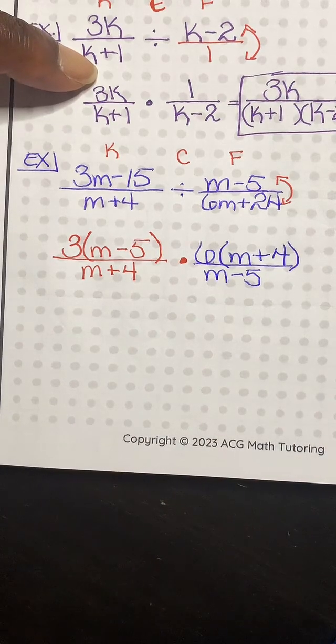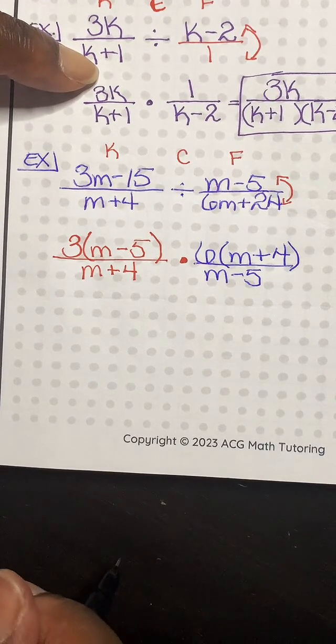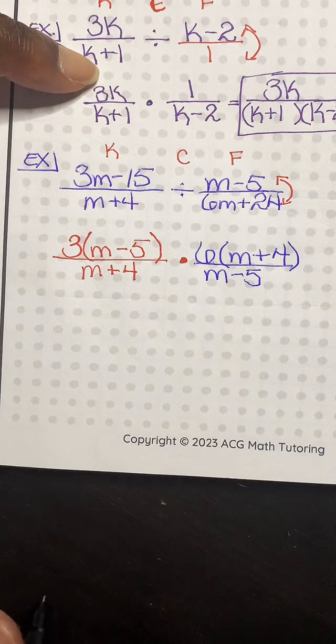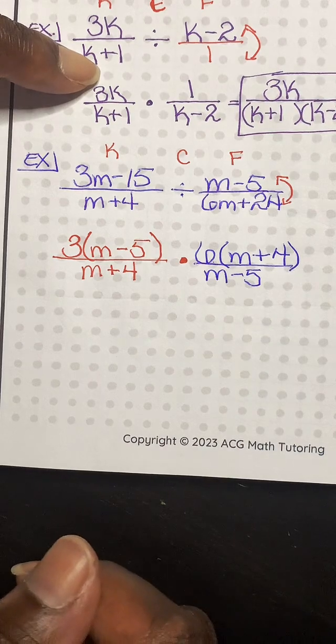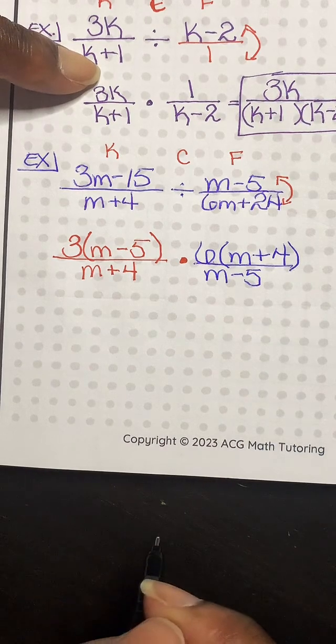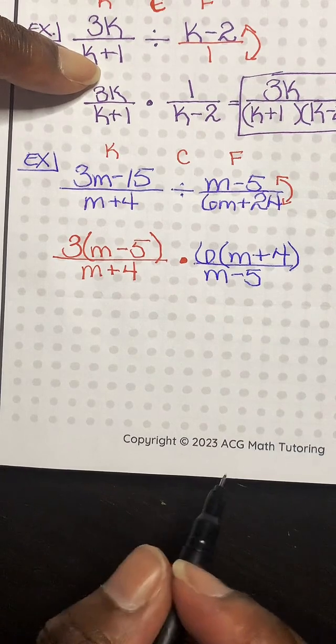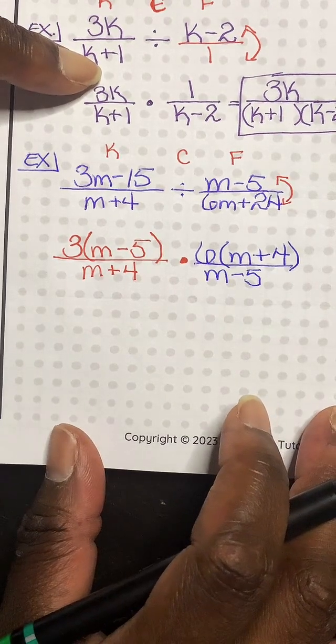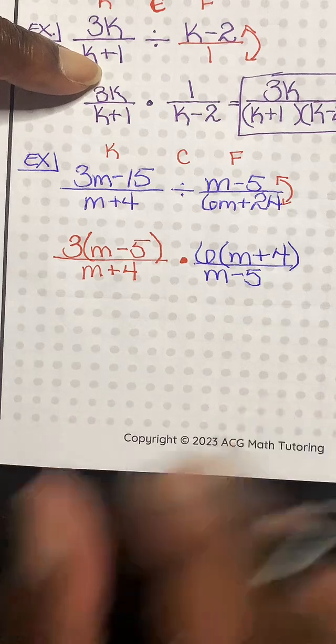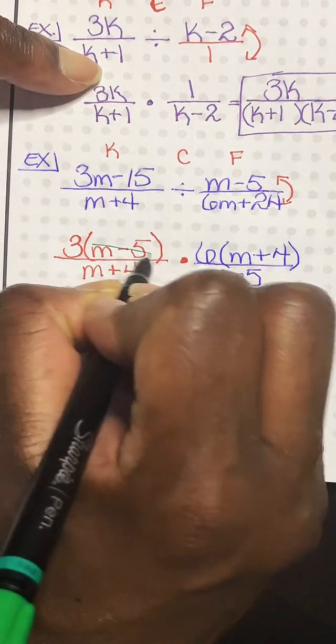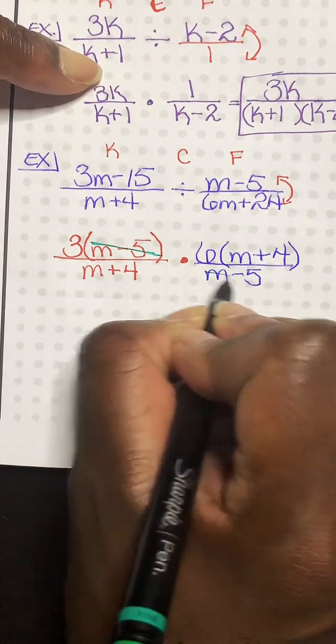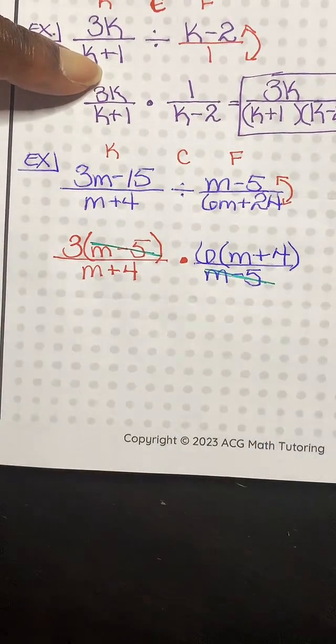So going back to Squid Games, what can cancel out? With the boxes? Yes. Okay. So now, what can cancel out? What we got? Okay. Good. So we have m minus 5, one in the numerator, one in the denominator.